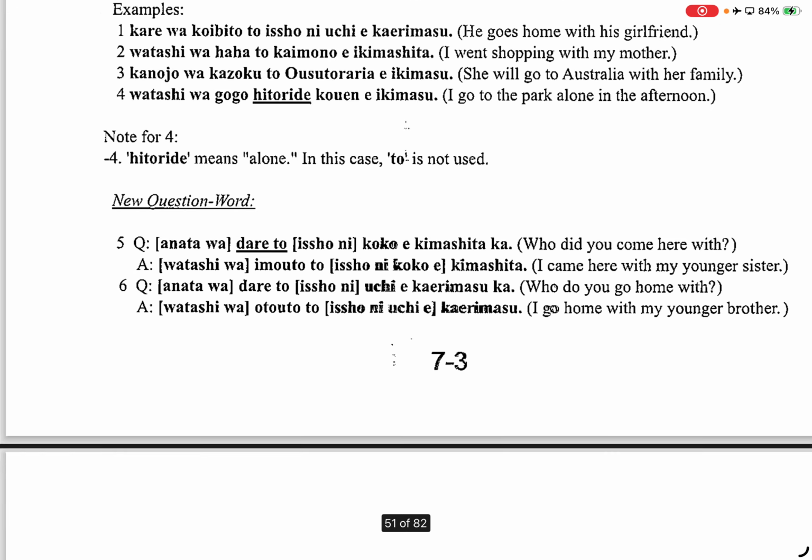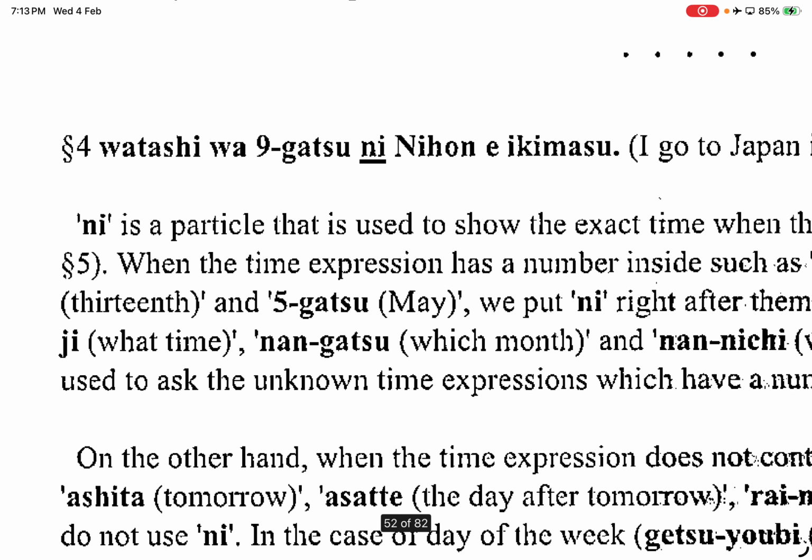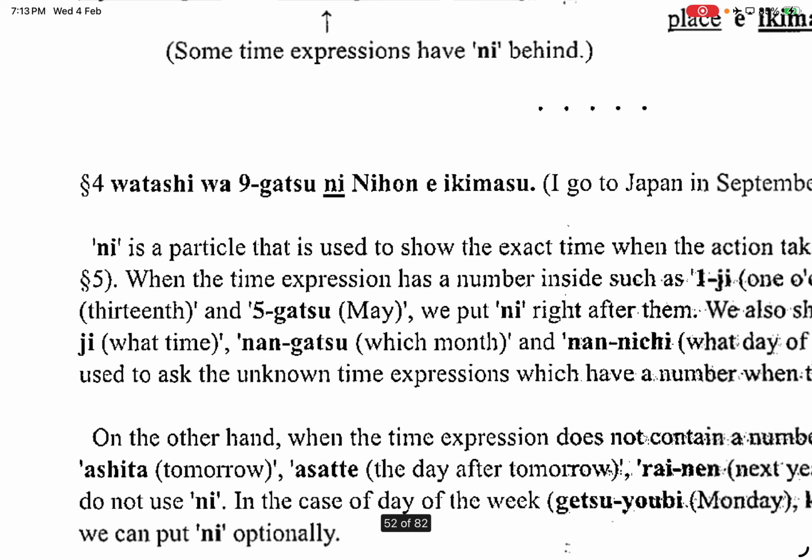And then we also learned this watashi wa 9月に. This ni shows, usually we put it behind time with a numbered expression. That means an expression with a number. In this case, 9月 is September, so there is a number. We also can say like 3時, which is 3 o'clock.